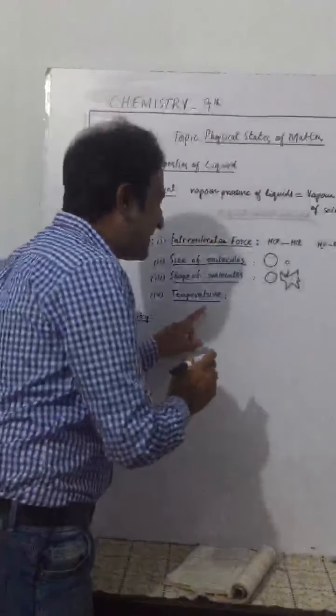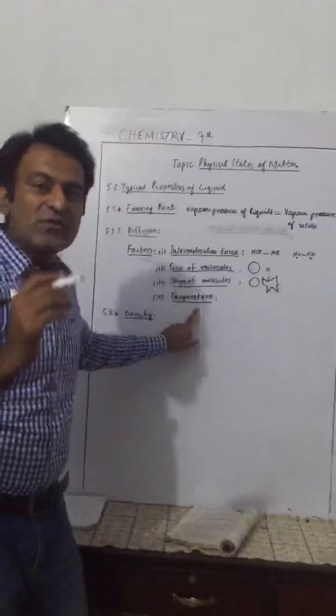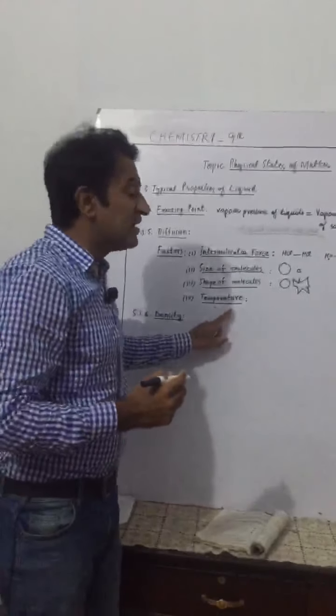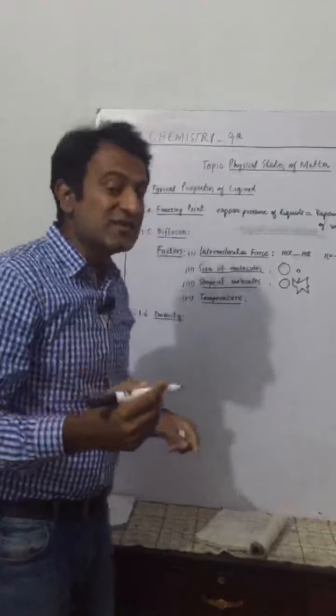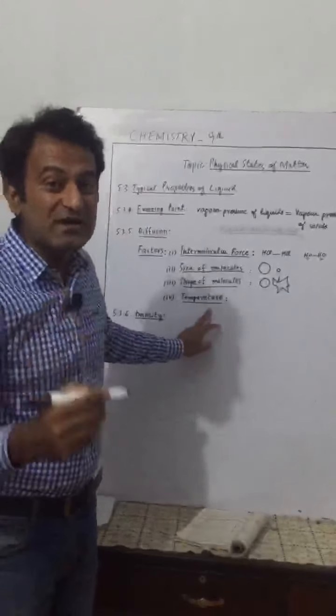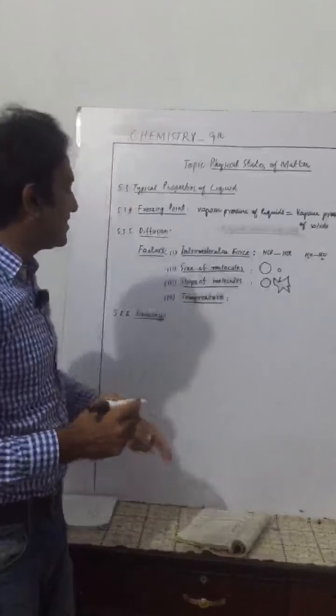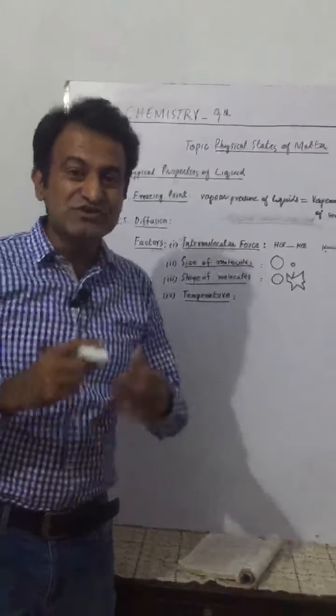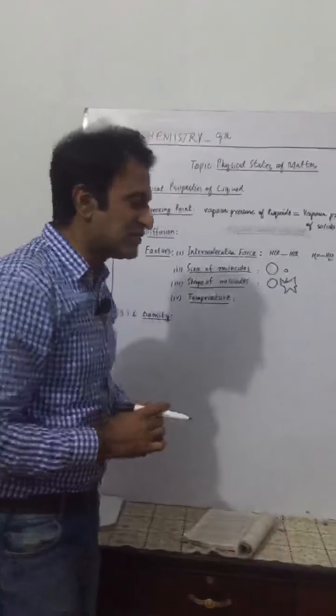So at higher temperature, liquid molecules have higher kinetic energy, so they will diffuse more quickly. So this is the effect of temperature on diffusion. These are the four factors: intermolecular forces, size of the molecule, shape of the molecule, and temperature.